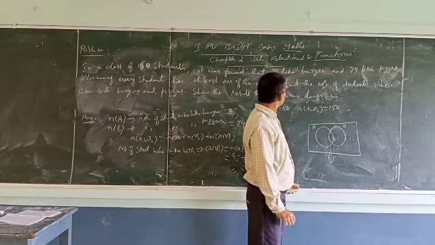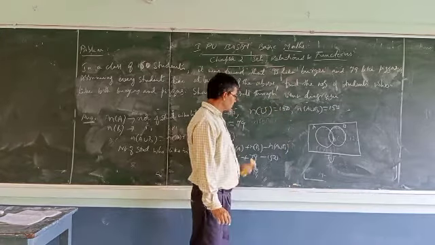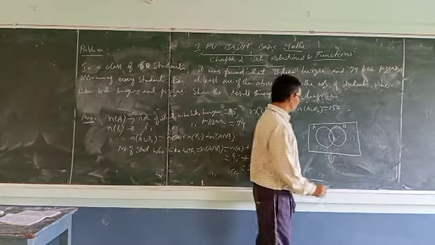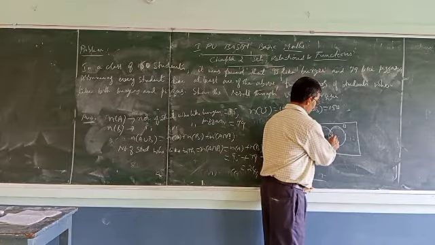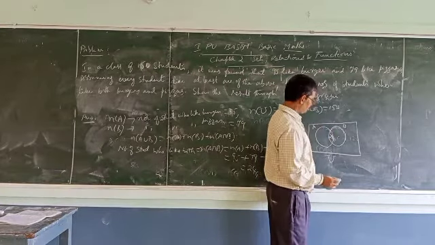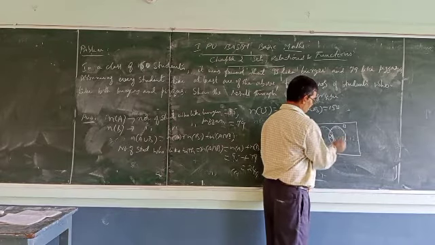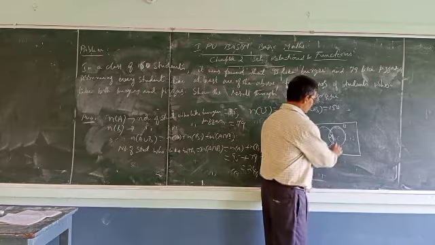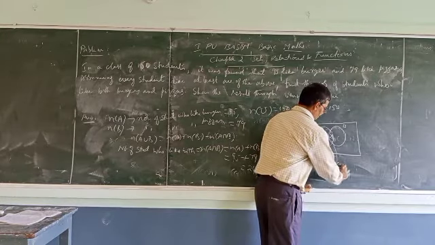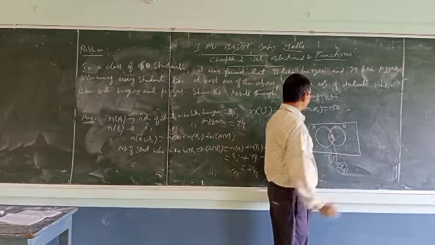Next, what is n of A intersection B? N of A intersection B is 24. So 24 elements are here. What about here?